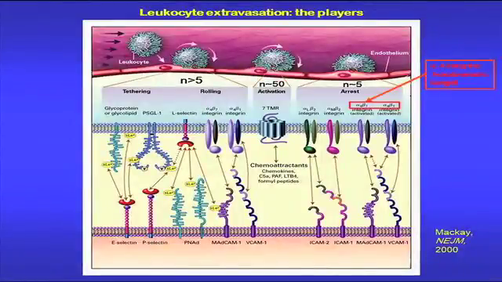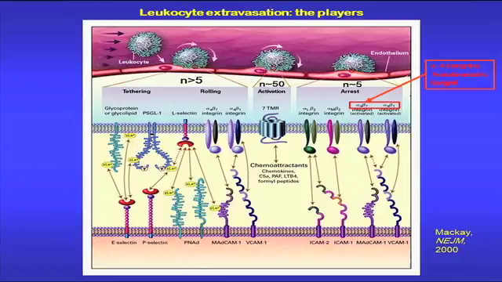So if you think of it, leukocytes spend all their time whizzing around in the blood. We have many different kinds of leukocytes. As you know, we have several different types of T-lymphocytes, of B-lymphocytes, monocytes, basophils, eosinophils, neutrophils, and so forth. And these leave the vasculature under all sorts of different circumstances.